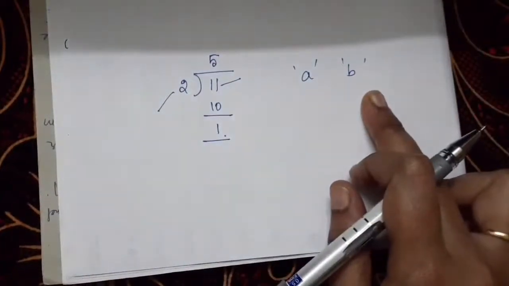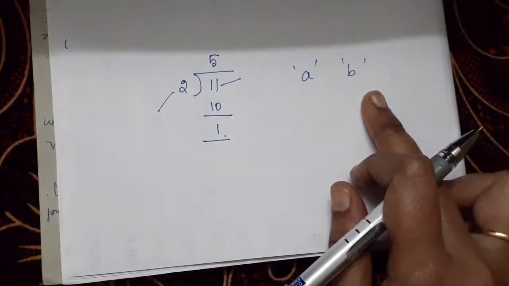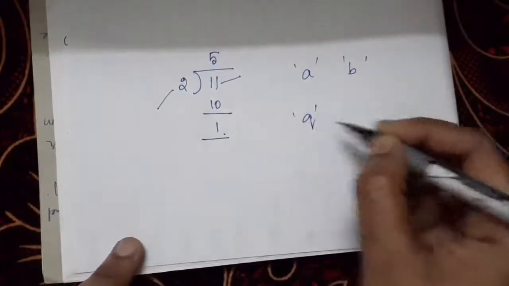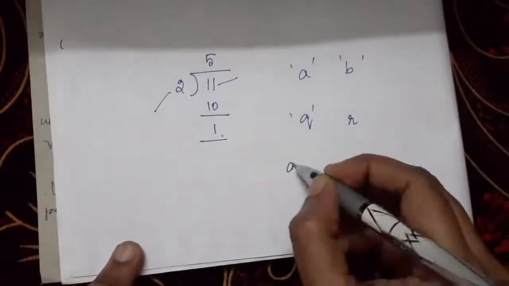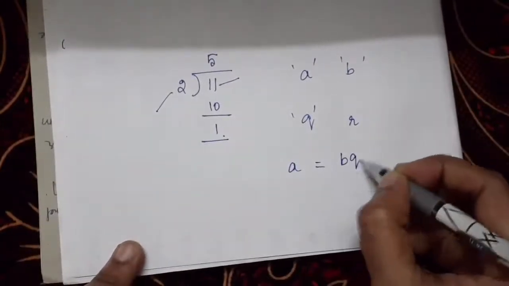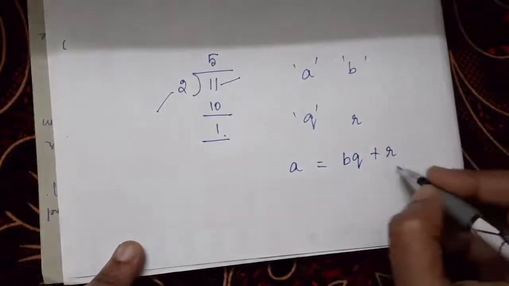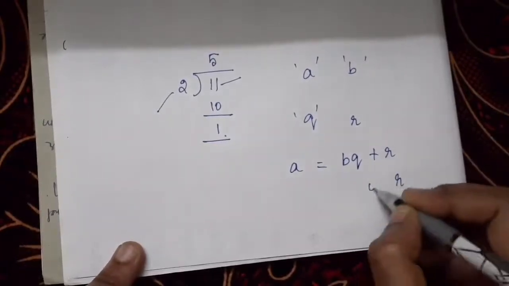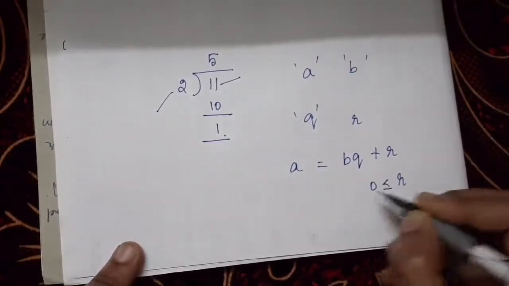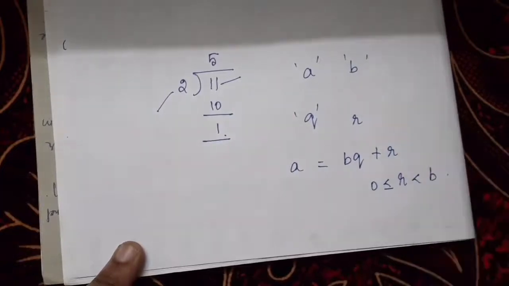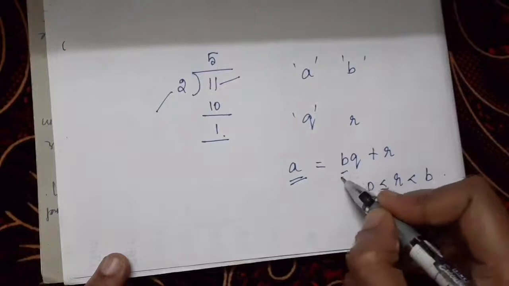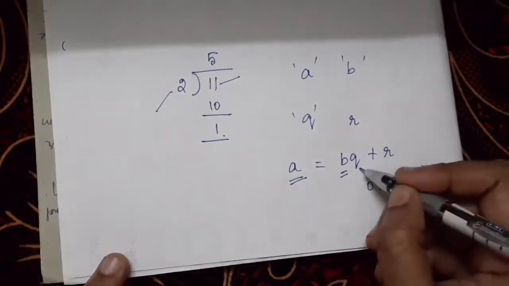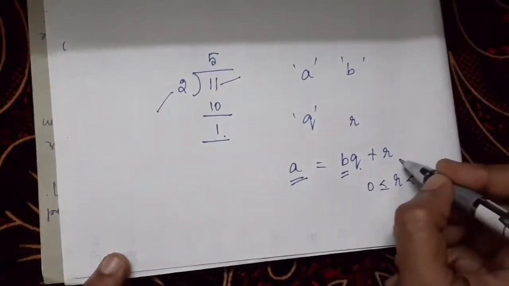Given two positive integers a and b, there exist two unique integers q and r such that a equal to bq plus r, where r is greater than or equal to 0 and less than b. Here a is the dividend, b is the divisor, q is the quotient and r is the remainder.